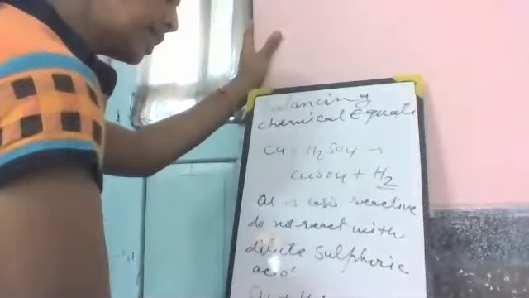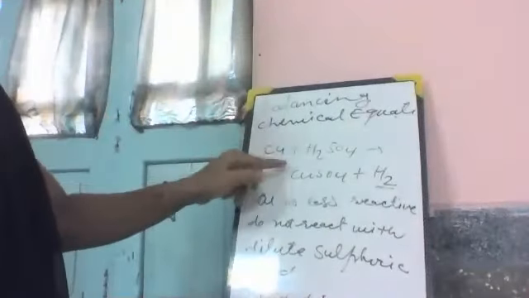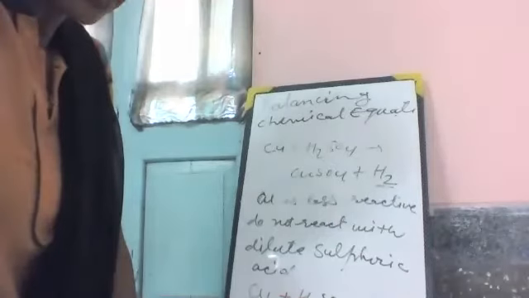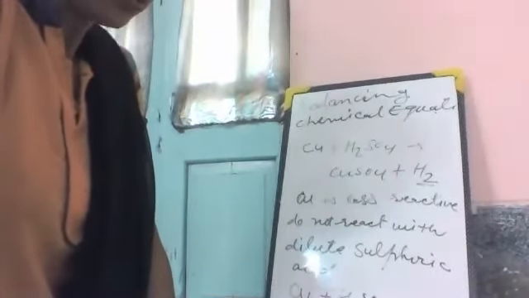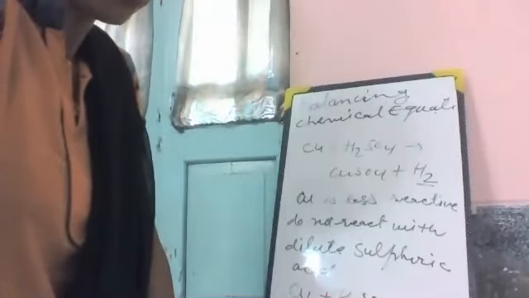It does not produce hydrogen, and this is the reaction with concentrated sulfuric acid. This is the balanced equation, but copper is less reactive than hydrogen, so it cannot displace hydrogen of the acid to produce hydrogen gas.